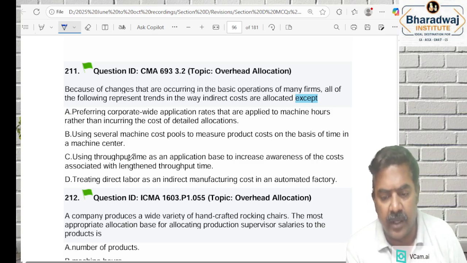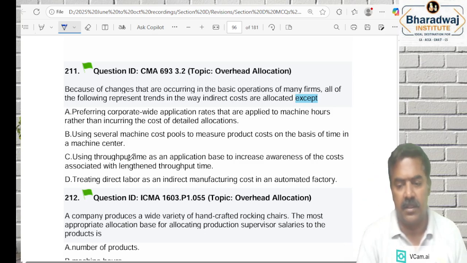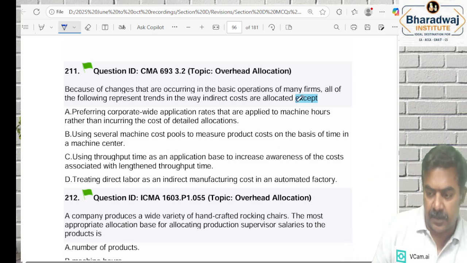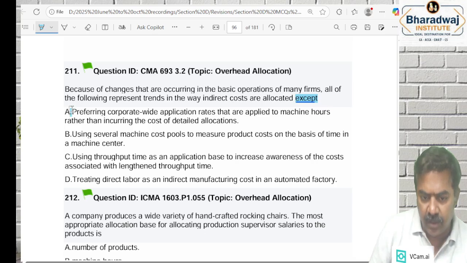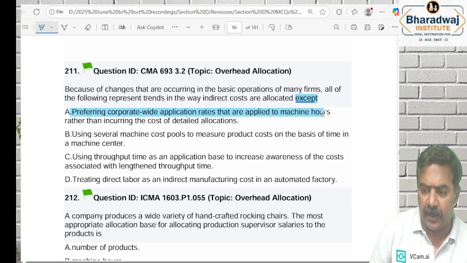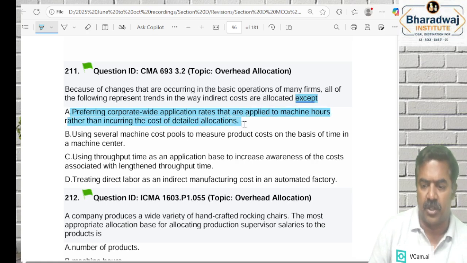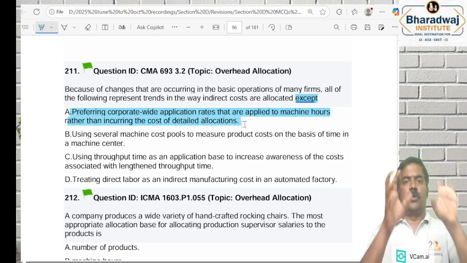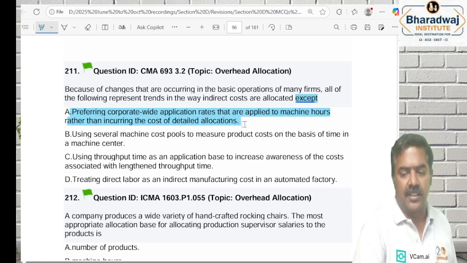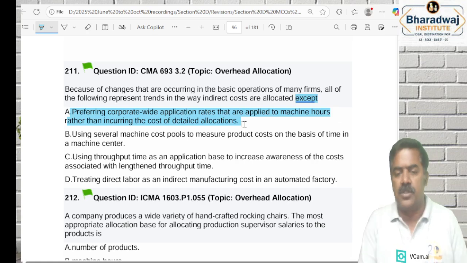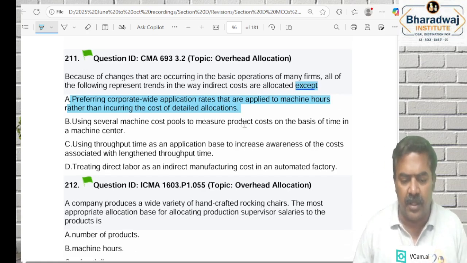Okay, that is fine. Indirect cost can be allocated using this. Look at point A: preferring corporate-wide application rates applied to machine hours rather than incurring the cost of detailed allocation, which means for the entire company you work out a single rate or single base and allocate the cost based on that. That is the exception. That is not the way overhead or indirect cost should be allocated.